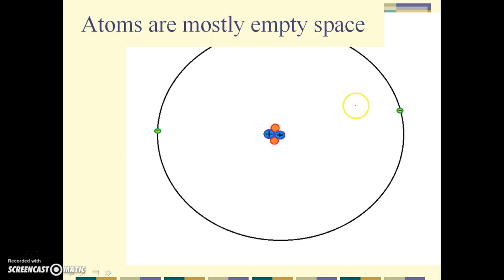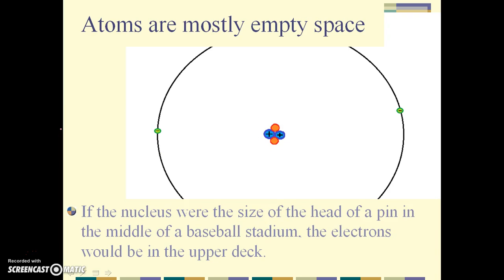So, if you were to take a pin and compare it to the scale of an atom, if the nucleus were the size of the head of a pin, in the middle of a baseball stadium, the electrons would be in the upper deck. So, what we're trying to say here is that between the nucleus and the electrons orbiting the atom, there is a ton of empty space.